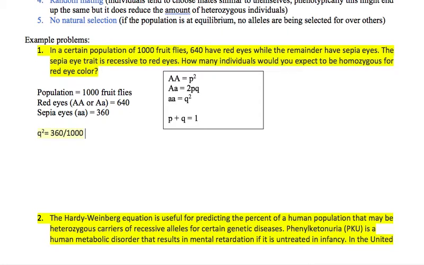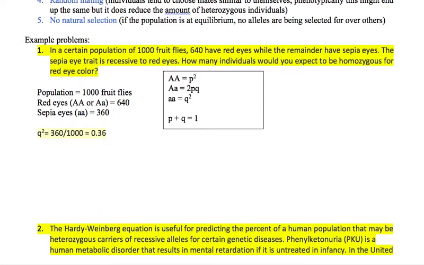So that's going to give us 0.36. So now we can figure out Q from there because we have Q squared. So Q is going to be the square root of 0.36, which is 0.6.